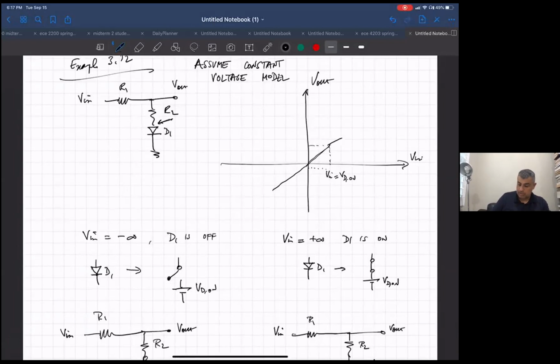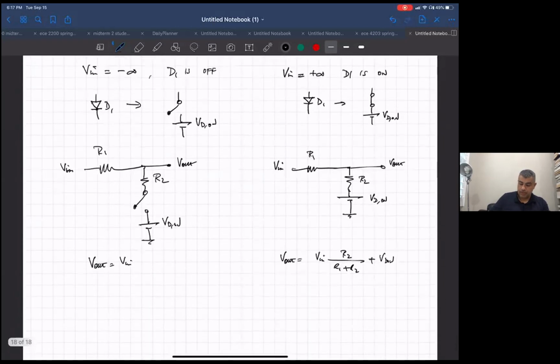Here the slope is 1. Here the slope is R2 over R1 plus R2. But we made this breakpoint when Vn is equal to VD on. Any questions about that, guys?